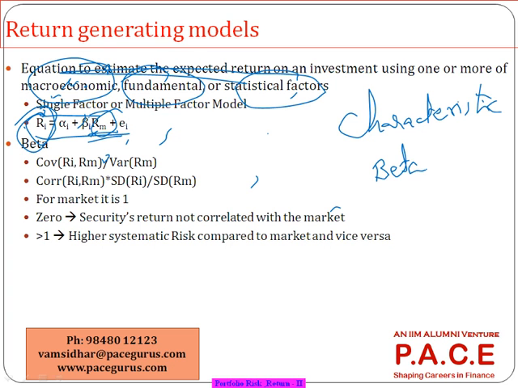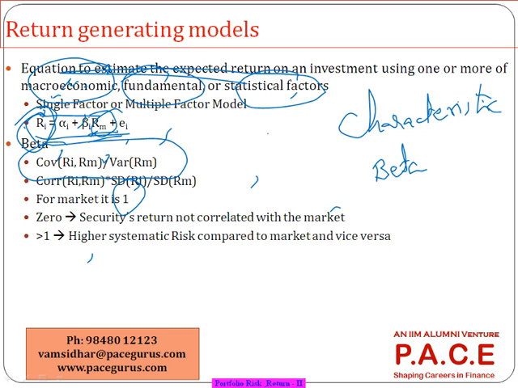Definition wise, beta is defined like this: covariance between the security returns and the market returns divided by the variance of the market return, right? So this is the definition of beta, and by default for the market it is 1, or the average value of beta is equal to 1. So for any security or portfolio, if its beta is less than 1, we call it less risky than the market.